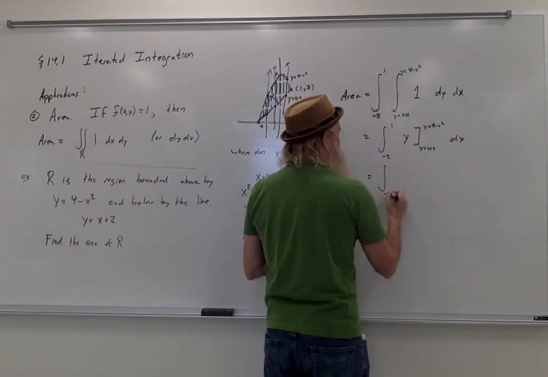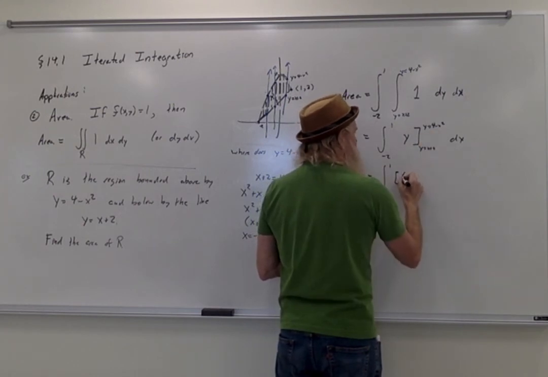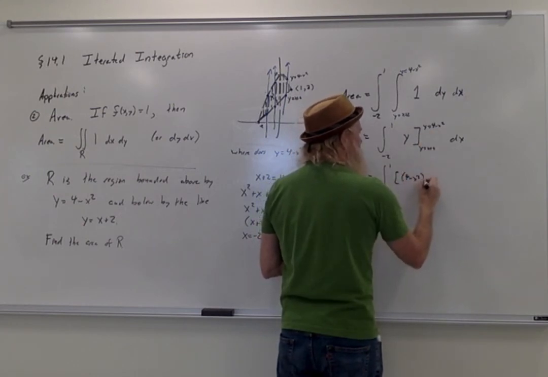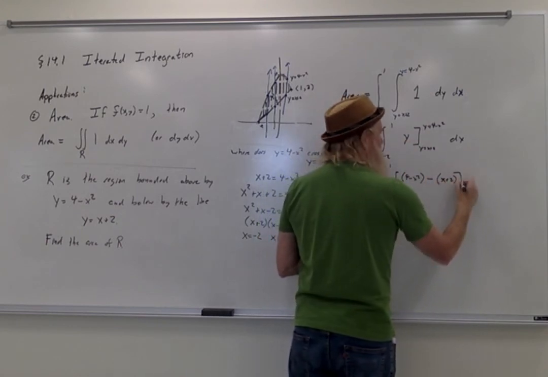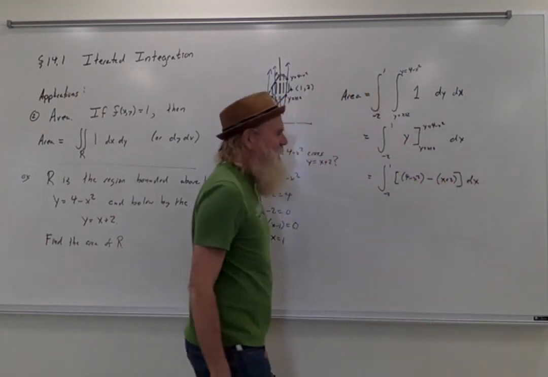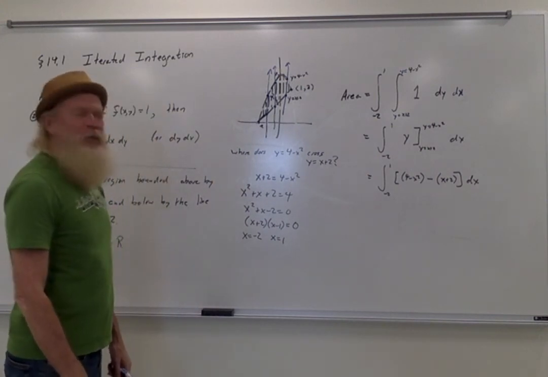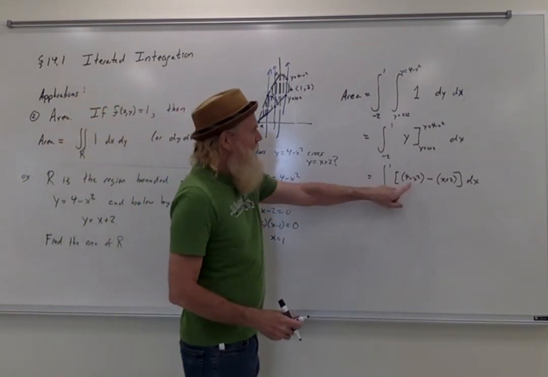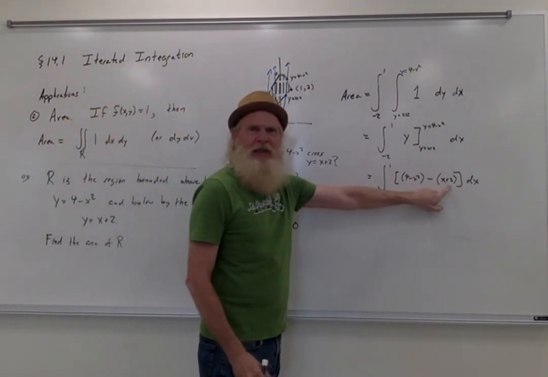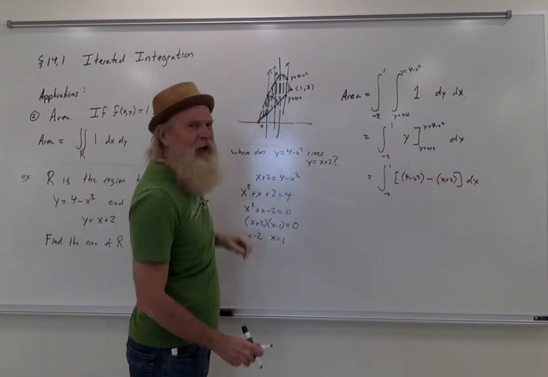Plugging in the two endpoints and subtracting, I get, first of all, 4 minus x squared minus, plugging in the bottom, x plus 2, dx. Now this might look quite familiar to you. If you think back to the way that you calculated areas in Cal 2, then you took the top curve minus the bottom curve. And that's exactly what we've done here. We've taken the top curve minus the bottom curve.